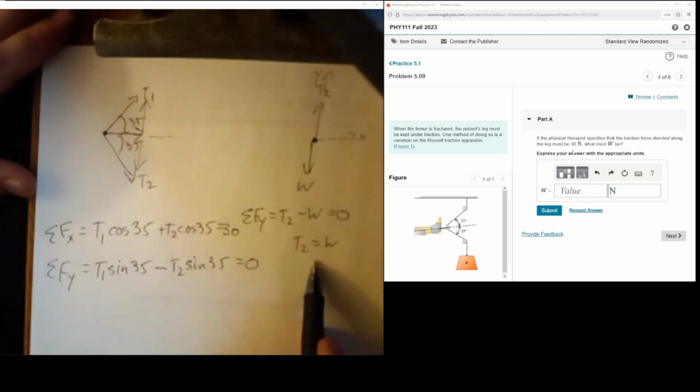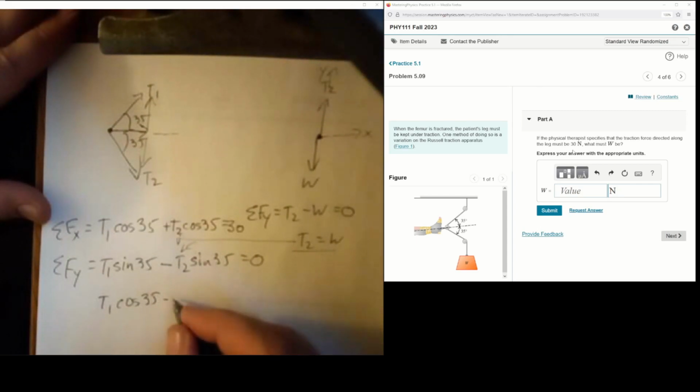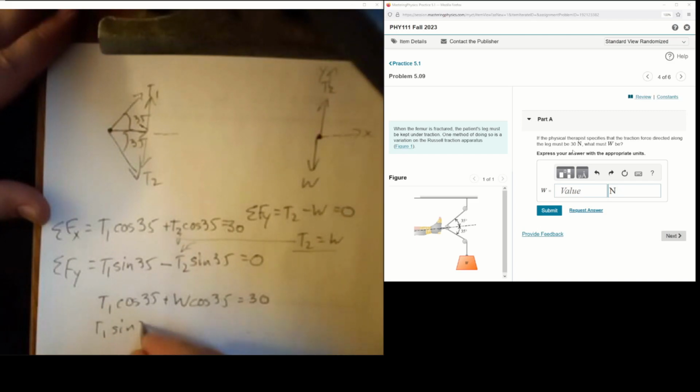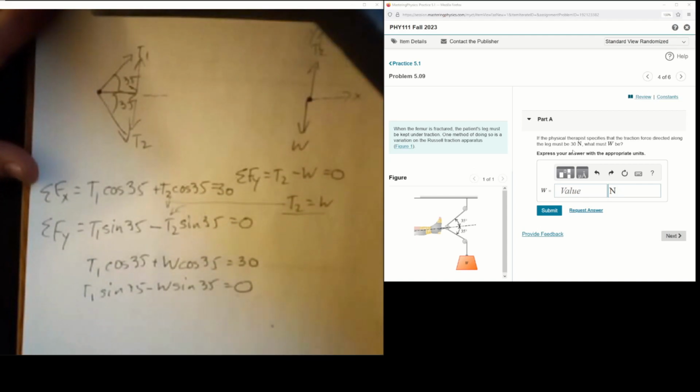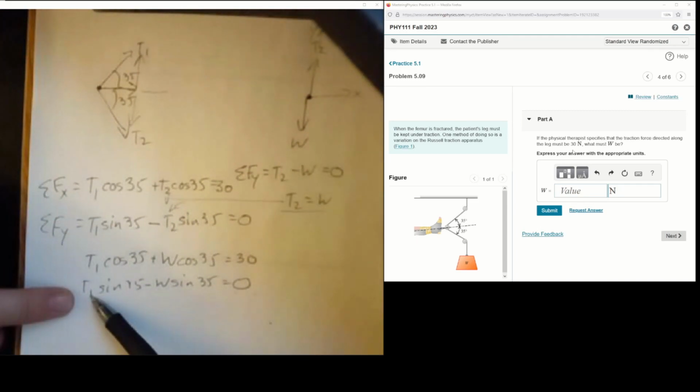So we need to find our weight. So we're going to take this T2 equals weight, plug that into these T2s to get rid of them. So instead of T2, we got weight. And we can substitute T1 here, plug it into another one.